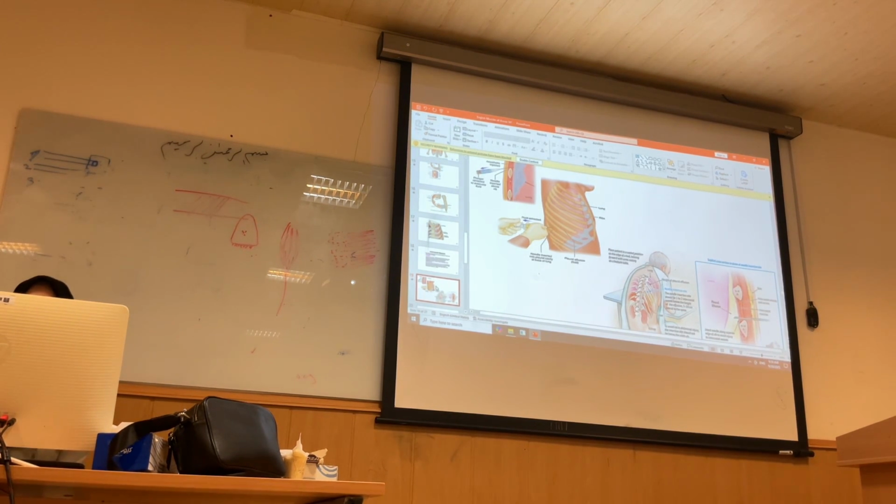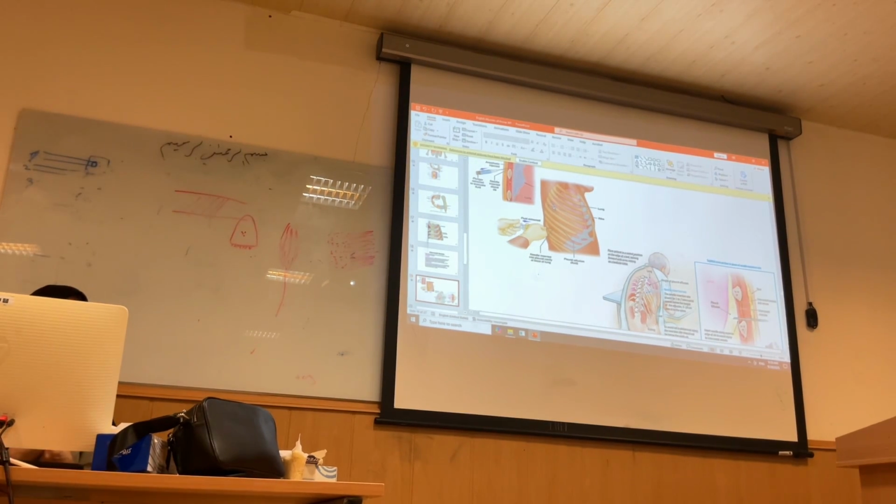And now, before we go for the break, look at here. Normally we know each lung has a covering. The covering of the lung we call pleura. Okay?